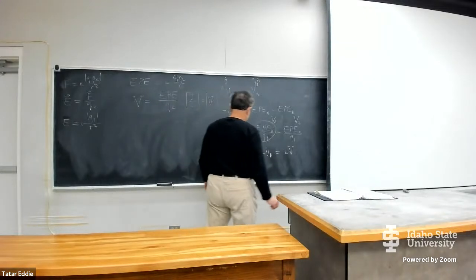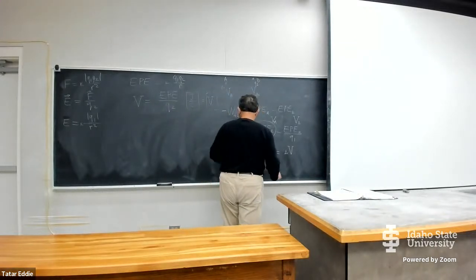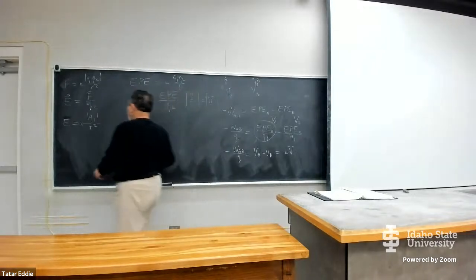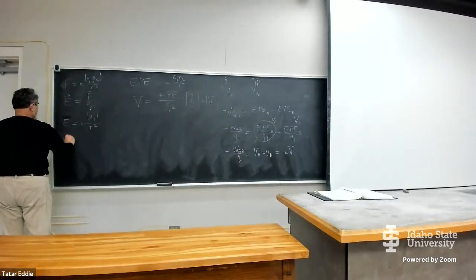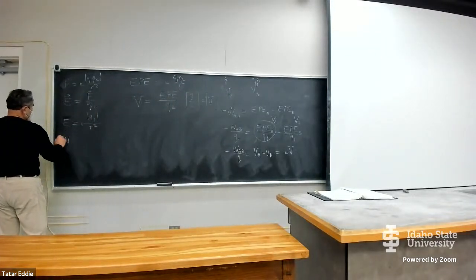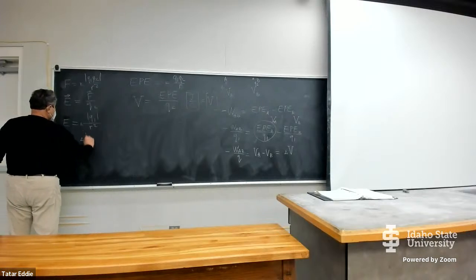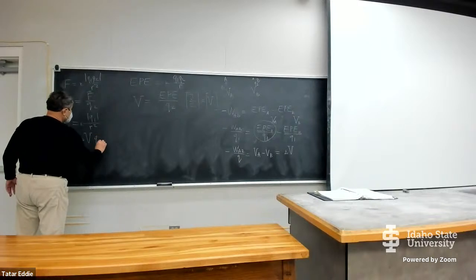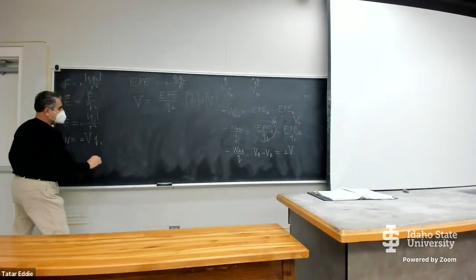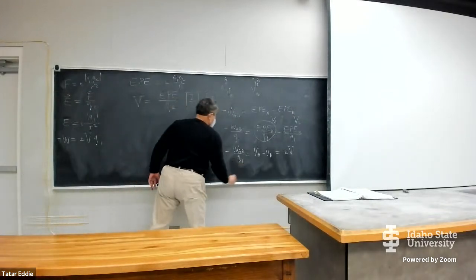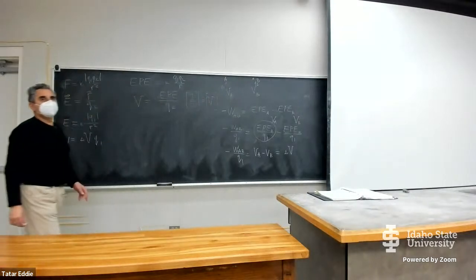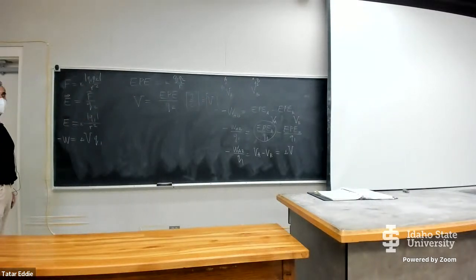And the result now looks like this. The work done by the electric forces is equal to the voltage difference between 2 points, multiplied by the value of the charge that moves between those 2 points.